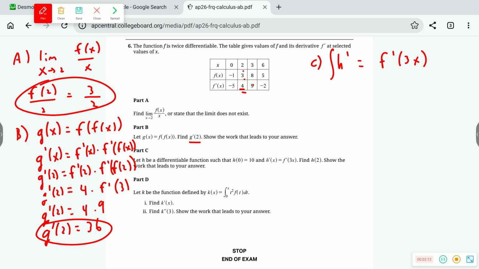So the antiderivative of h prime dx is just going to be h plus c, technically, because the derivative of h is h prime. And here we need a u-sub. If we let u be 3x, du, the derivative of u with respect to x, is just 3. So du is 3 dx, which in turn means that dx is 1/3 du.